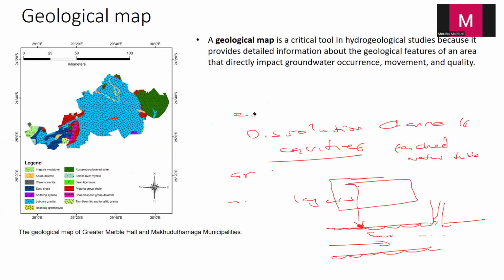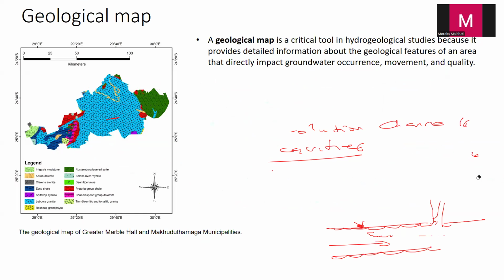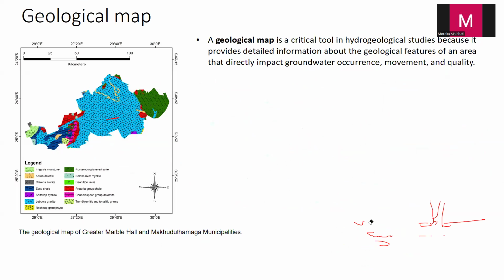So these aquicludes, besides not being good for siting boreholes, protect and make sure that the groundwater that we drink is of high quality, because they can confine our aquifers.